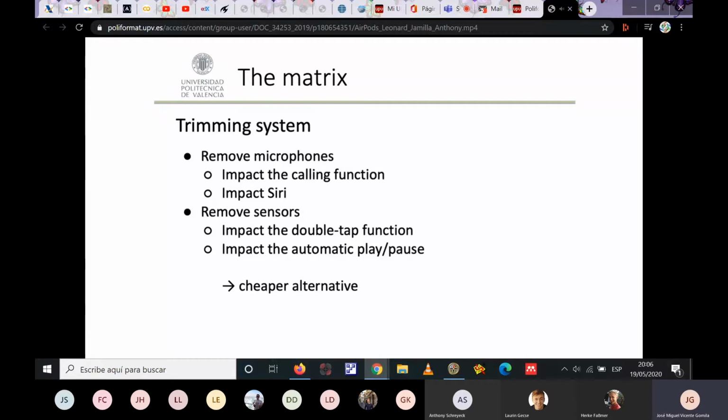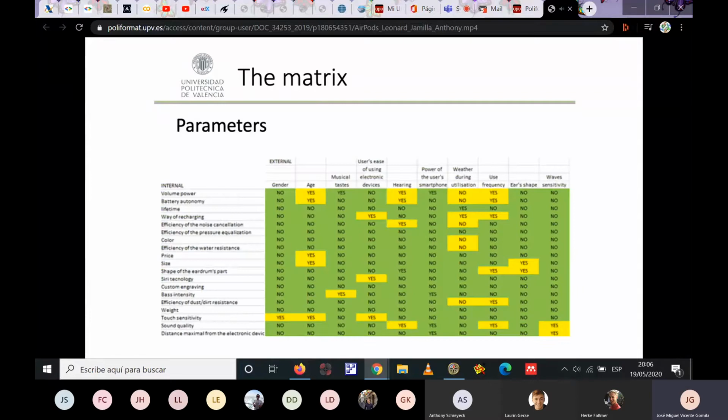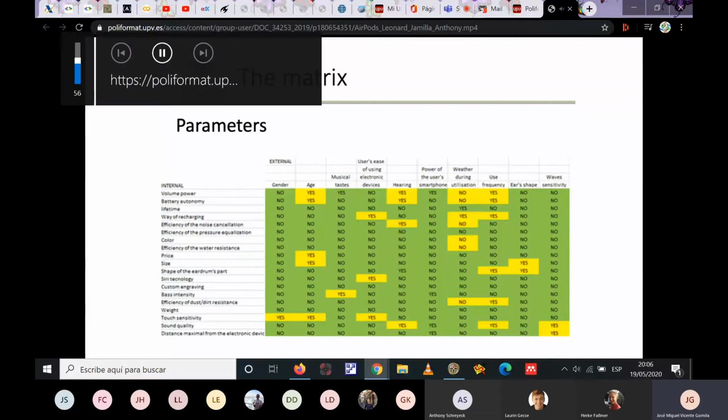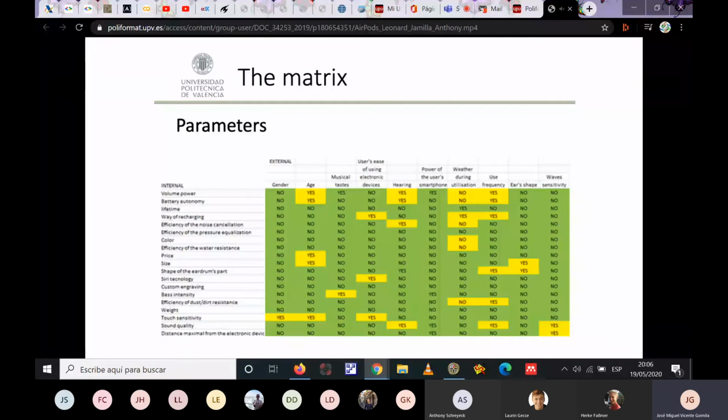Then we did two parameters tables, one only between internal parameters, and the other one between internal and external parameters. It enables us to see what happens if we modify a parameter and what the consequences on the other parameters are. For example, if you have a look at this table, we can see that currently the efficiency of the water-resistant system is the same for every AirPod.